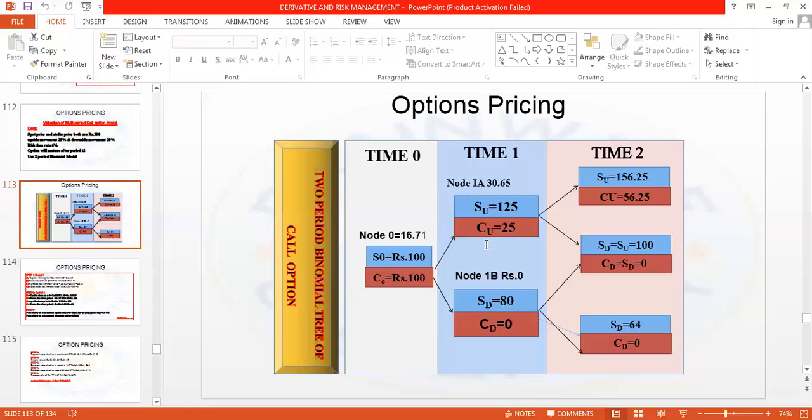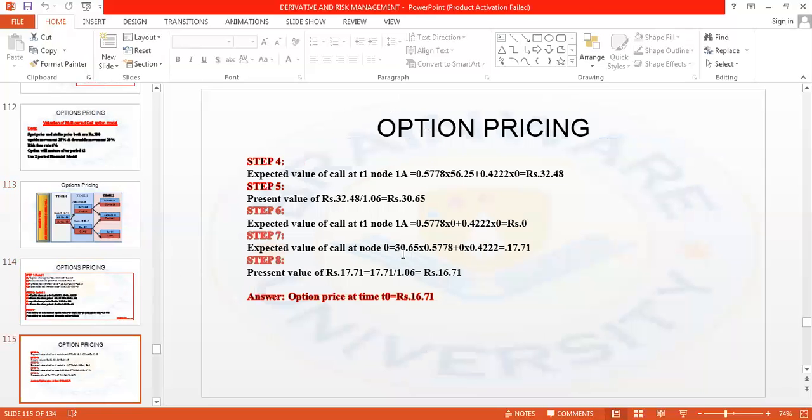We will multiply 0.5778 by 30.65 and we will multiply 0.4222, that is downside probability, with 0 and we will add them. This is shown here in step 7.